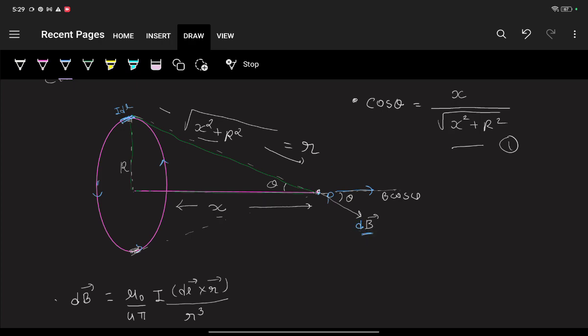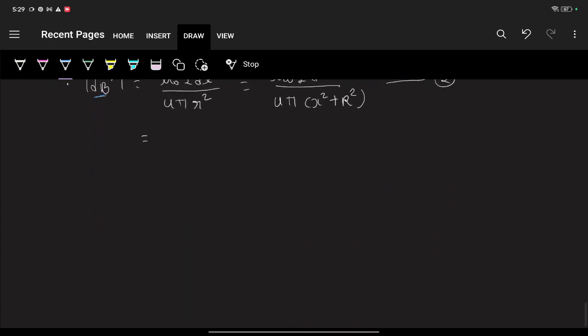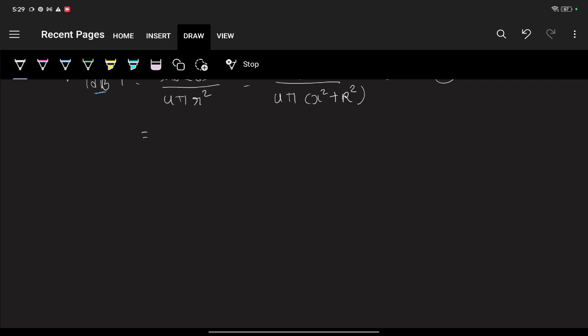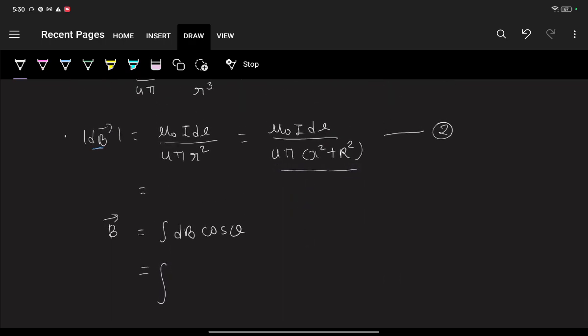But since we are getting only this component, the sin theta component will cancel out anyway. So if we want to write the full magnetic field at this point, it will be the integration of dB cos theta, right? Yes, sir. Now, what is dB? Here is the dB: mu naught I dl divided by 4 pi into x square plus r square.